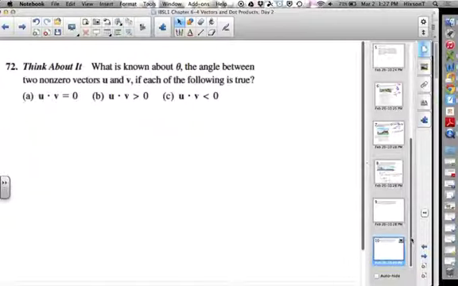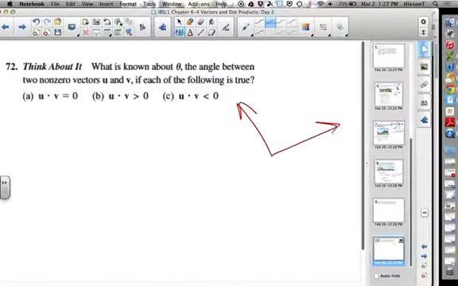And if it's negative, obviously our angle would be in the second quadrant, obtuse. Remember, we don't care about the third or fourth quadrants when we're talking about the angle between vectors, because we're always looking at this angle between them, not this angle outside of them.